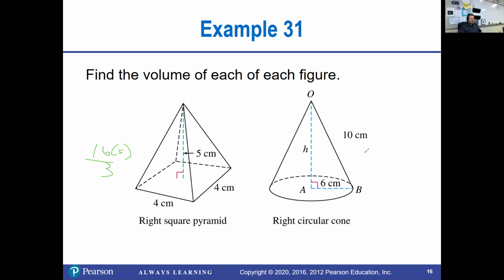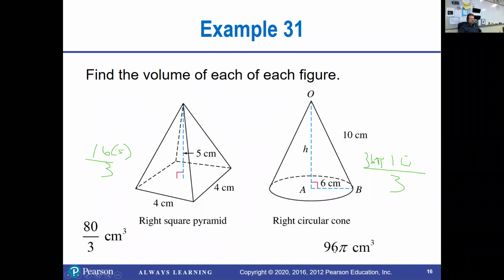Radius squared, 36 pi times 10 divided by 3. Now 3 goes into 36 12 times. 12 times 10 is 120, 120 pi. This one does not go in nice and pretty, unfortunately. But you probably have a fraction, 80 over 3. And this one, 96 pi.